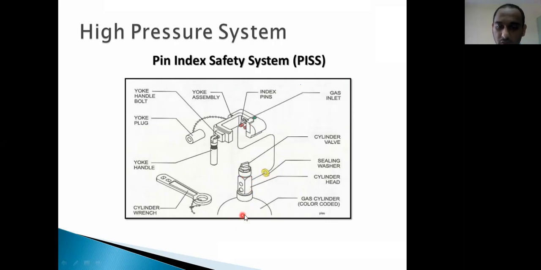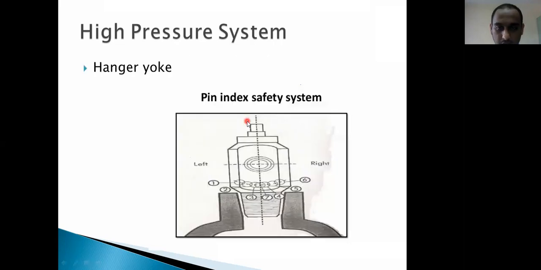So this is the body of the cylinder, which is color coded, and this is the cylinder head, this is the stem, and the stem will have index pins. It will have slots for index pins and the gas inlet. This is the pin index safety system.